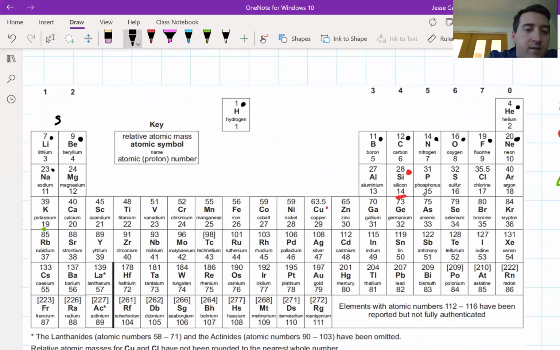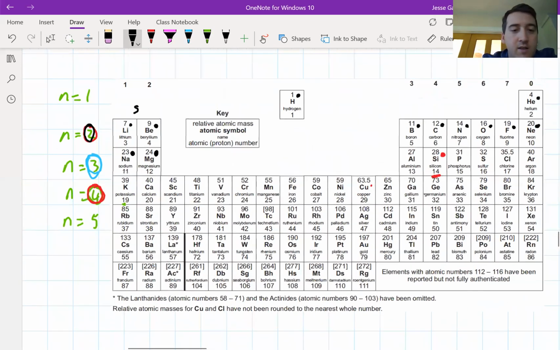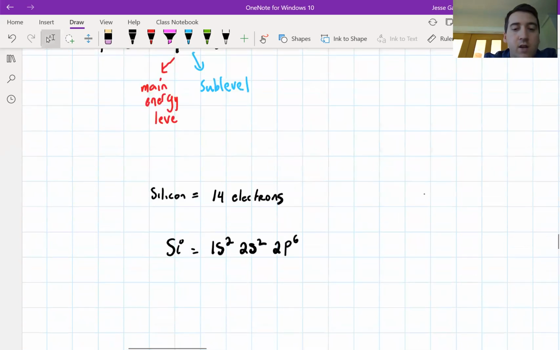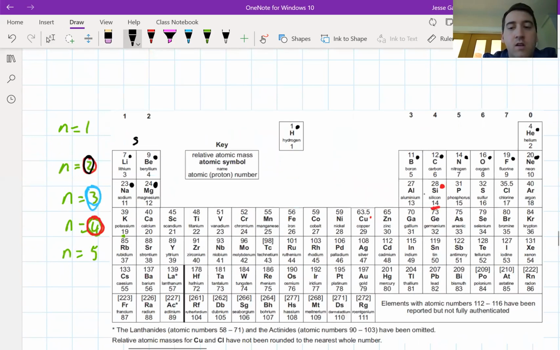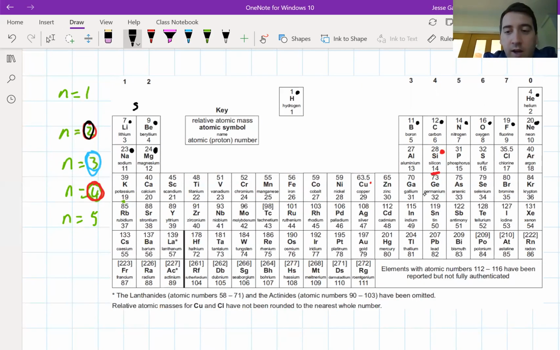I go down here now to the 3. This is the n equal to 3 energy level, and this is the 3s sublevel. So 3s2. And I've got 2 left, and they go here and here. Now I'm up as far as silicon, and I'm going to stop.